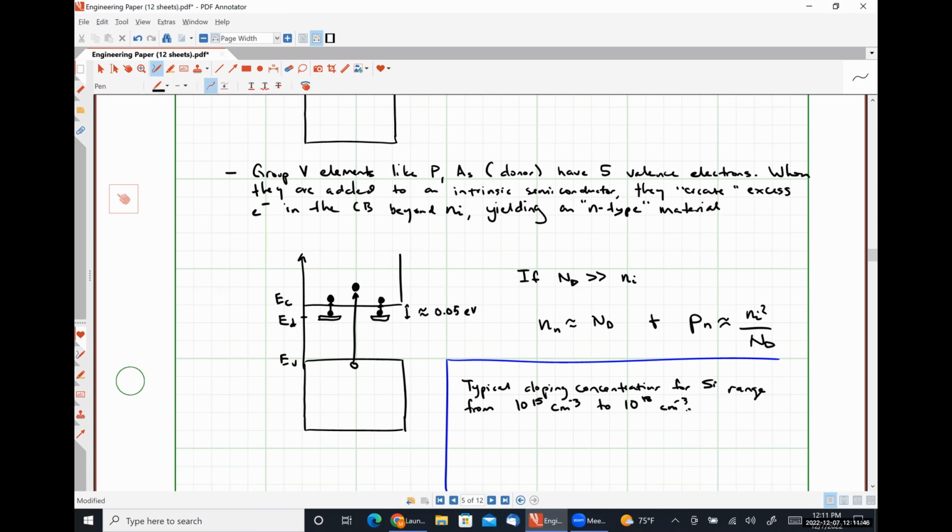This seems like a whole lot of dopants, right? We're talking 10 to the 15 to 10 to the 18 atoms per cubic centimeter. How many silicon atoms are in a cubic centimeter of silicon? Anybody know?